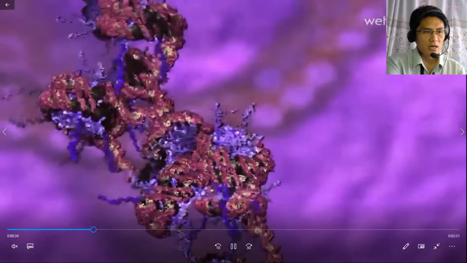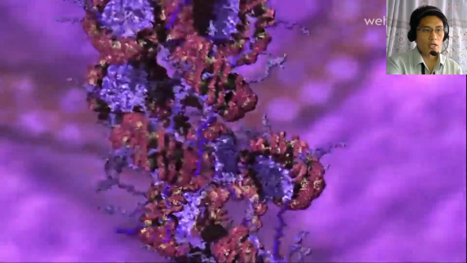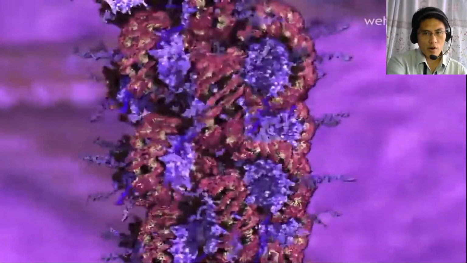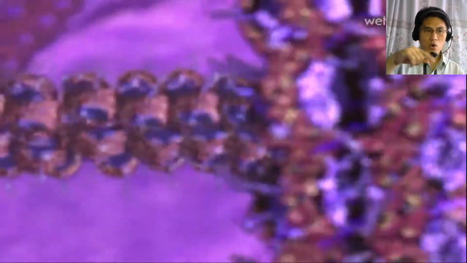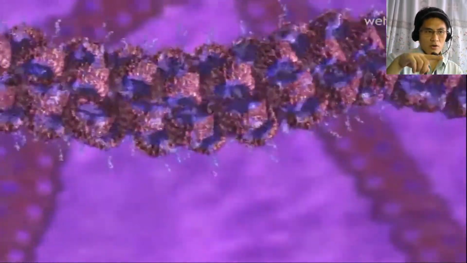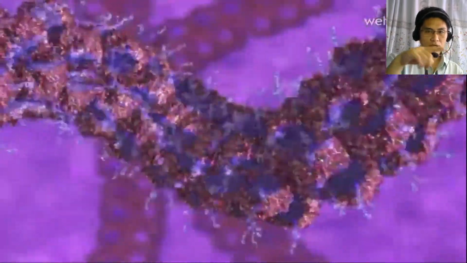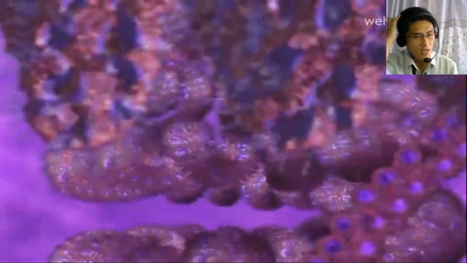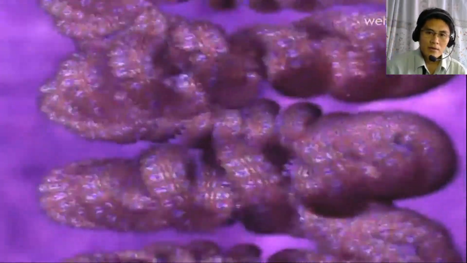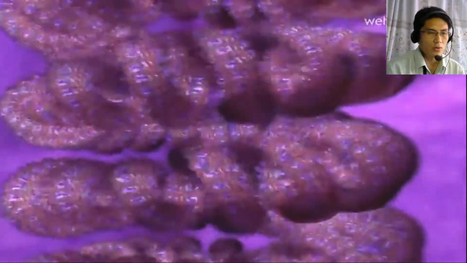And if you notice, the DNA is being coiled around, and even the coils are coiled. So the DNA is coiled into smaller coils. The smaller coils are attached into bigger coils, and the bigger coils form even bigger coils. And that is what you call the chromosome, right?